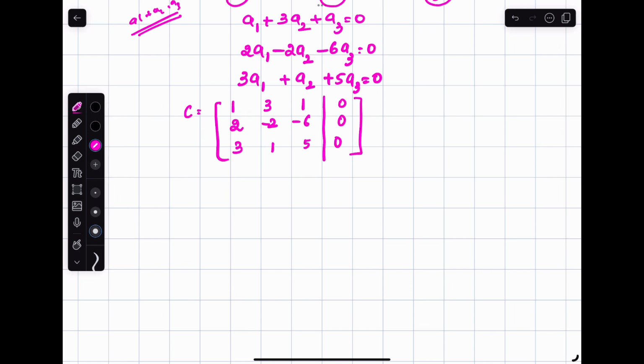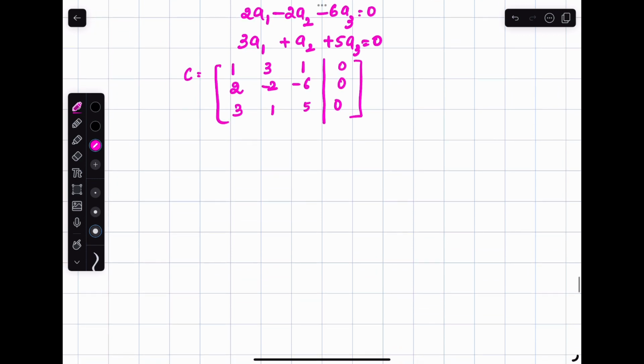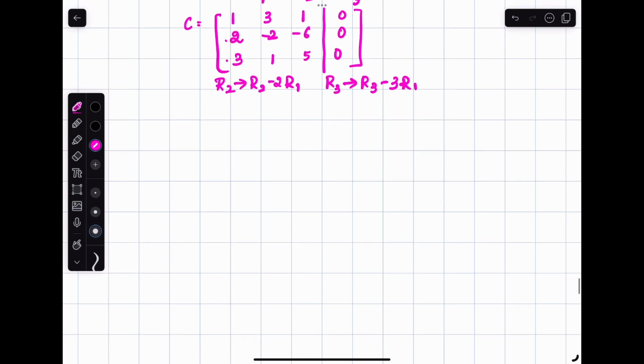Now we apply row reduction: row 2 changes to row 2 minus 2 times row 1, and row 3 changes to row 3 minus 3 times row 1. The first row remains as it is, 1 3 1, then the second row 0 minus 8 minus 8 0.